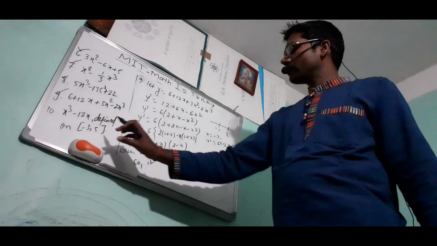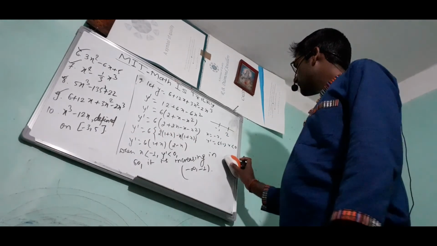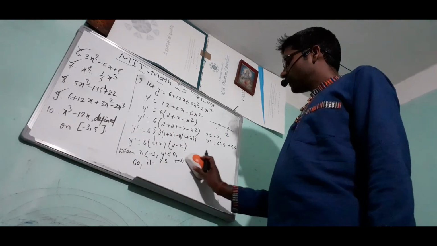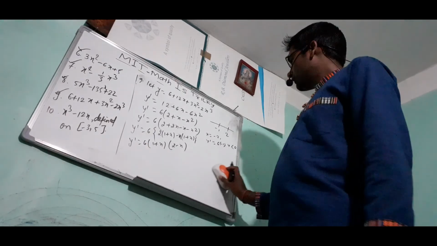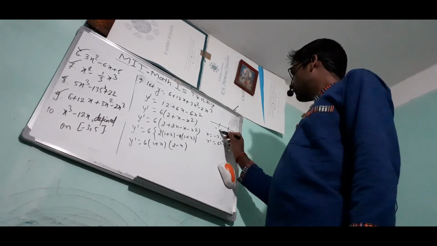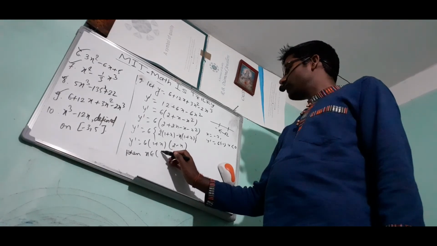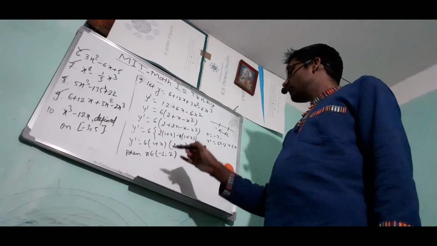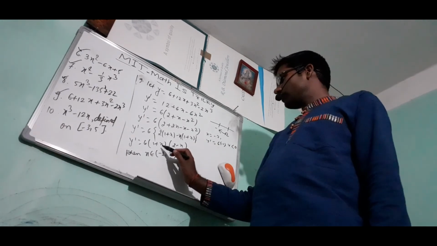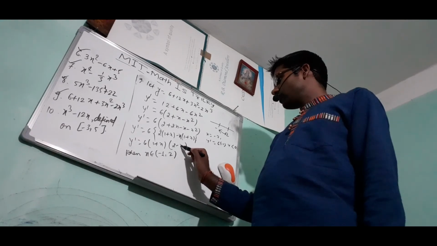Okay, so for the next interval, if we check when x belongs to minus 1 and 2, let's take here 0, so this is going to be positive, this is going to be also positive.